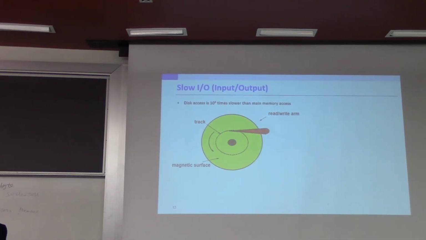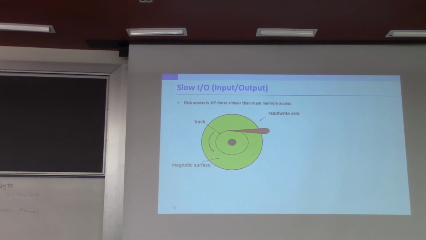You have to wait for that portion of data from that track to rotate right under the head of your arm. Does that make sense? So there are two actions involved. One is moving the head of the arm to the particular track that has your data, and the other is waiting for the surface to rotate so that segment of data you're trying to read is right below the head of your arm.